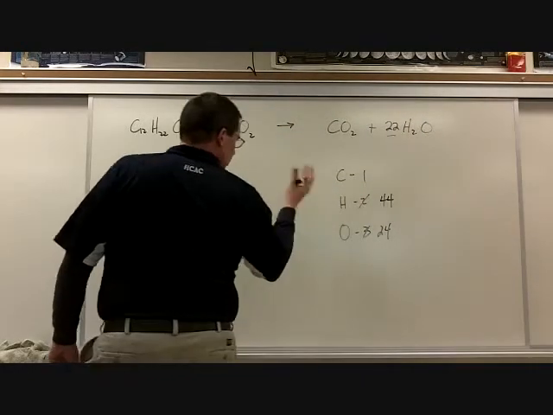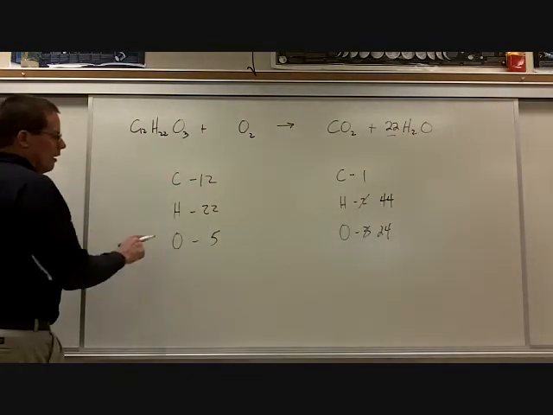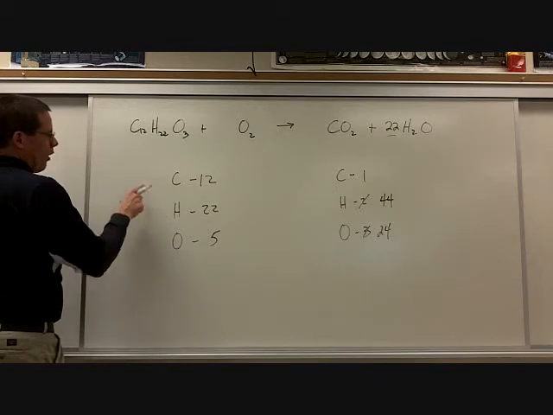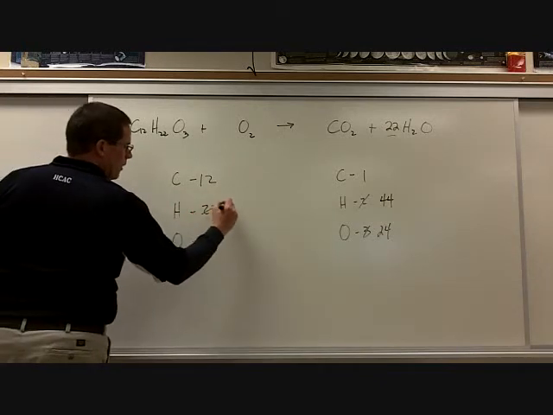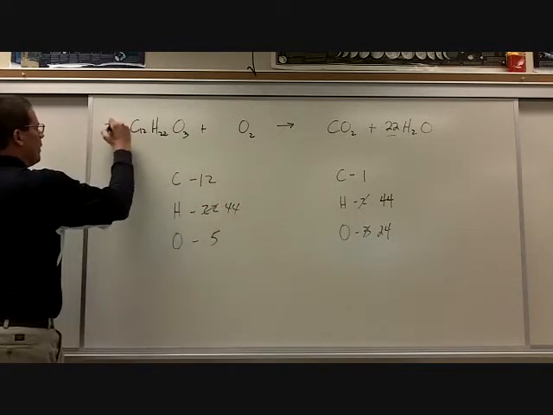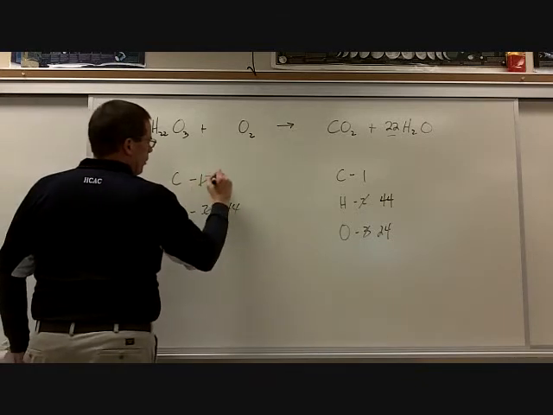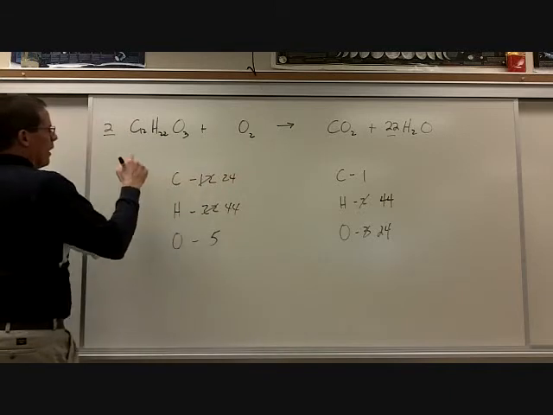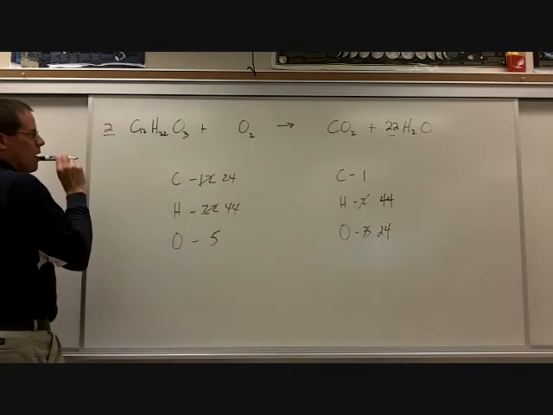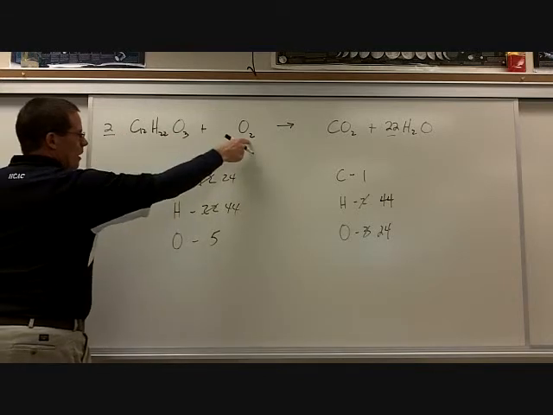All righty. So let's fix the other side. So how can I get 44 hydrogen? Put a 2 there. And now how many carbons do I have? 24. And oxygen on the left side? 8.